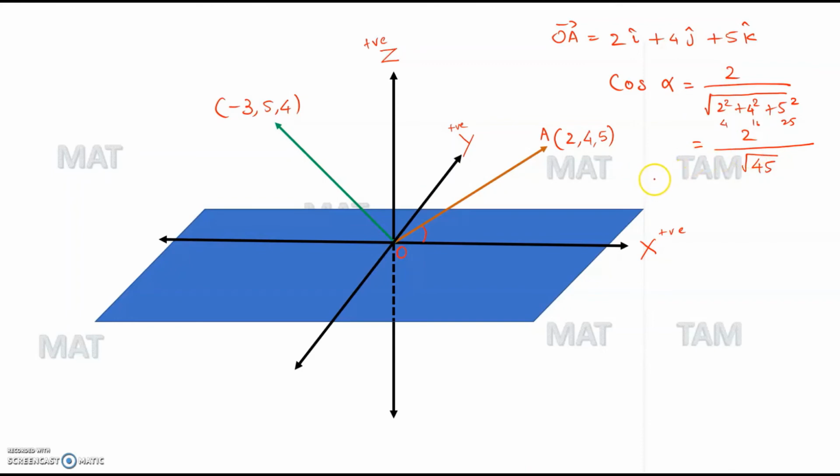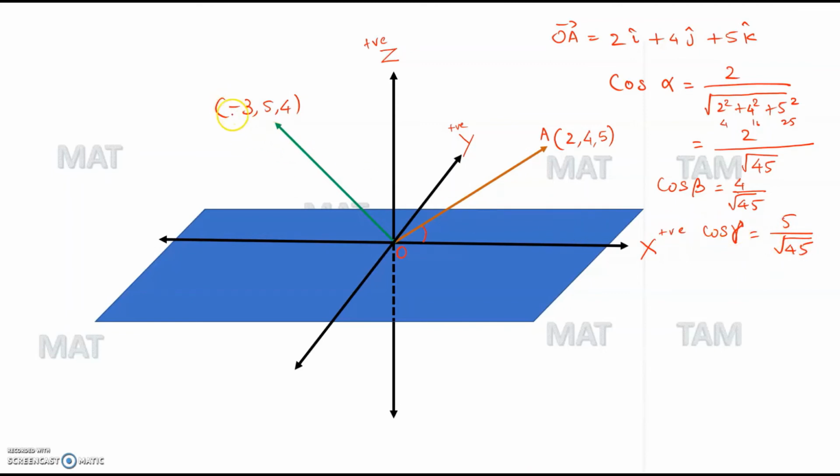Similarly, I can find cos beta to be 4 by square root of 45, and cos gamma would be 5 by square root of 45.